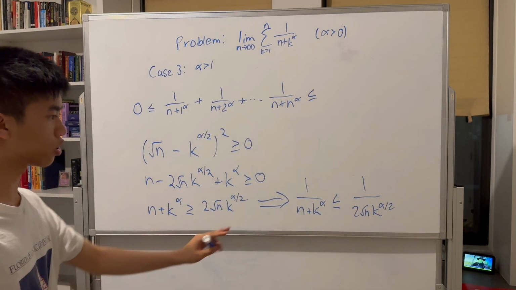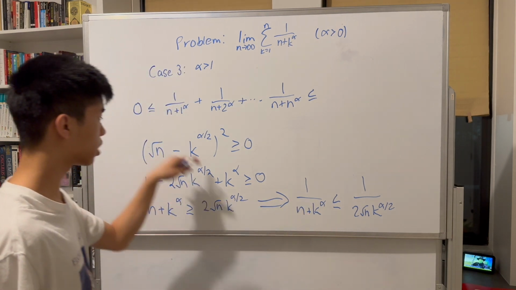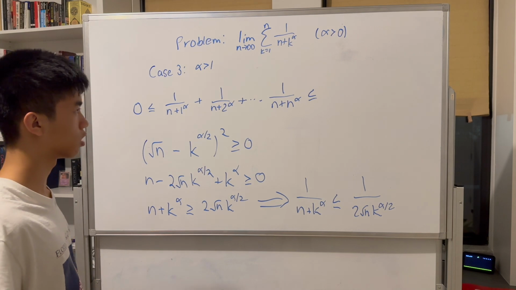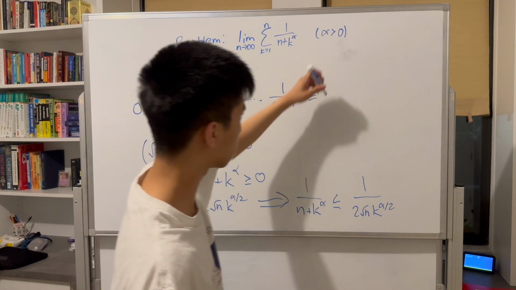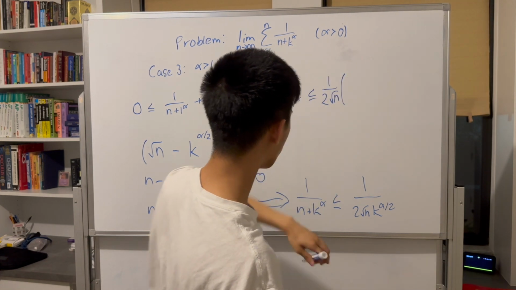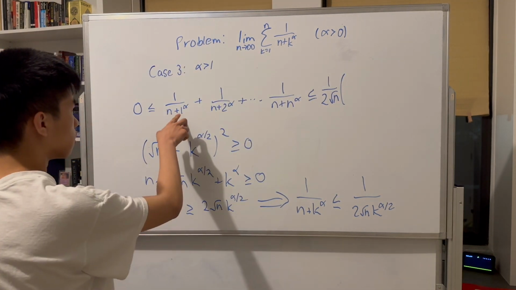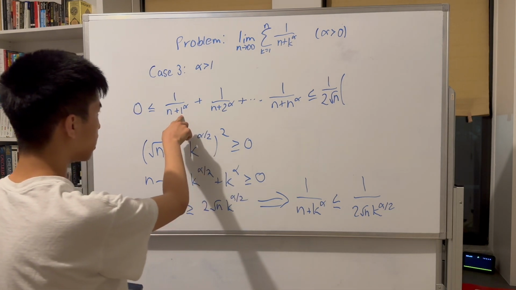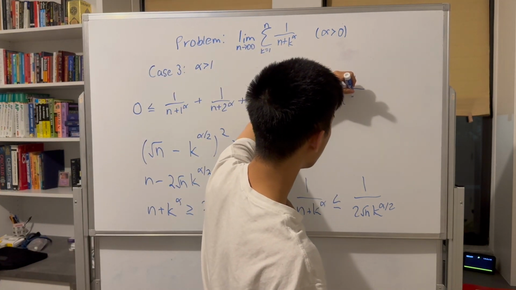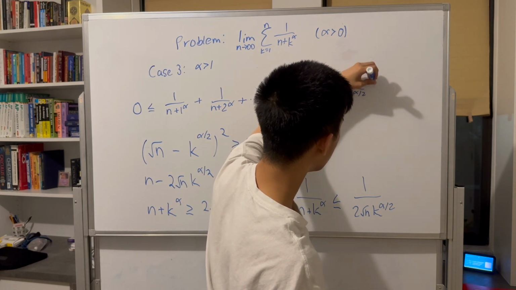Well, what do you know? This inequality applies to each term in this sum perfectly. So let's apply it. So we have 1 over 2 root n factored out. And for the first term, k equals 1, so this can apply directly here. So we have 1 over 1 to the alpha over 2.